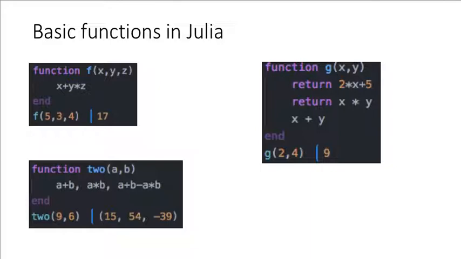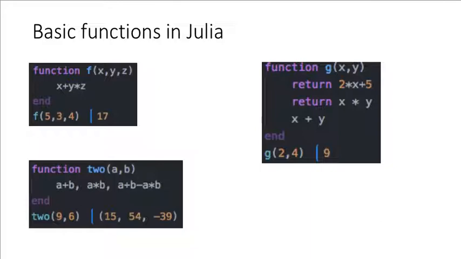And then the one on the right explains how the return function works in Julia. I named this function g, give it x and y, and when the return word is read in Julia, the function stops. So in this case, the 2 times x plus 5 is what's going to be returned, and the rest will be ignored.